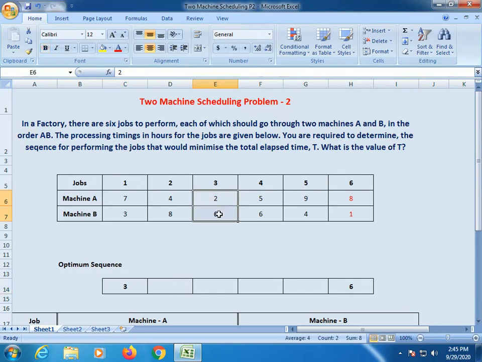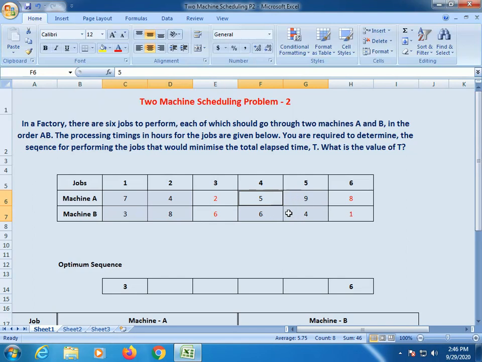Then I do not consider these 2 values also, because I just placed the job 3 here in the optimum sequence. Okay, then next, what are the processing times we have remaining?